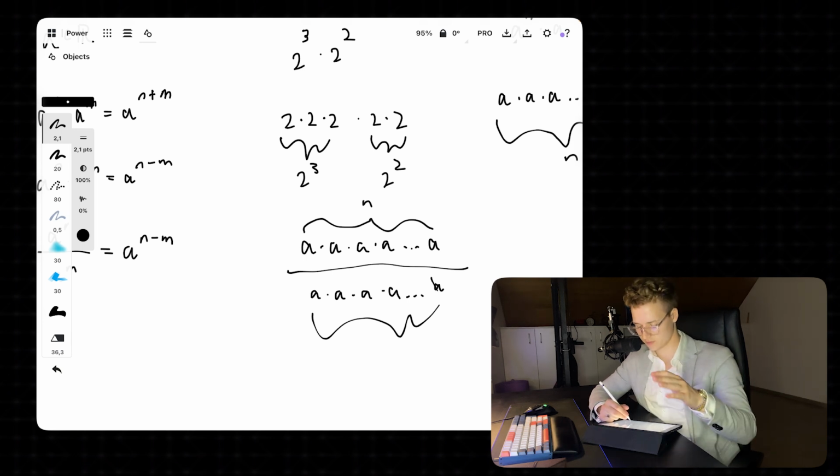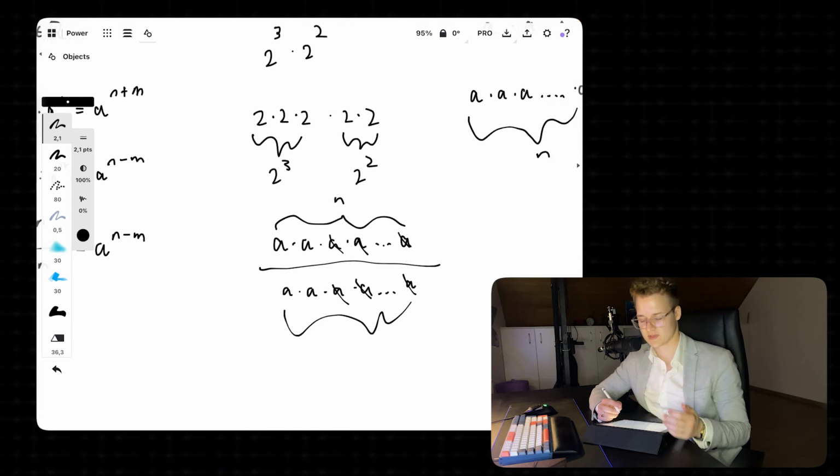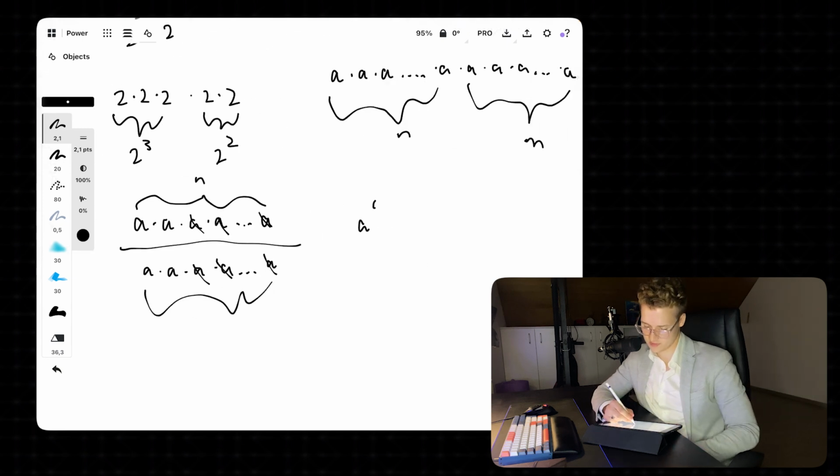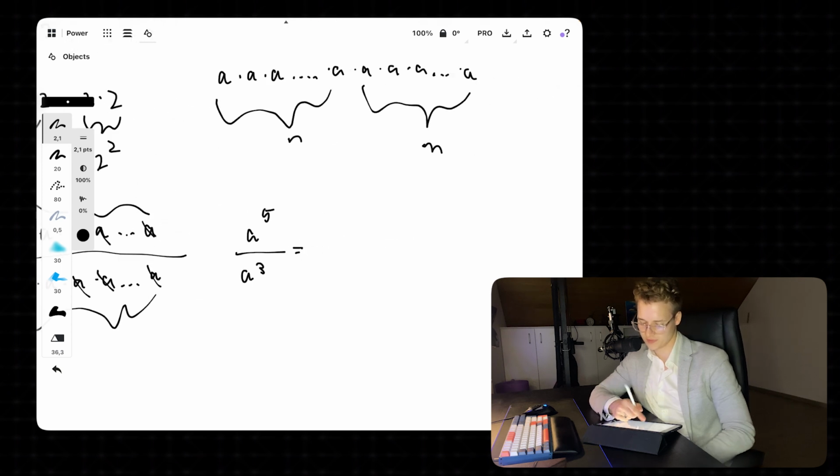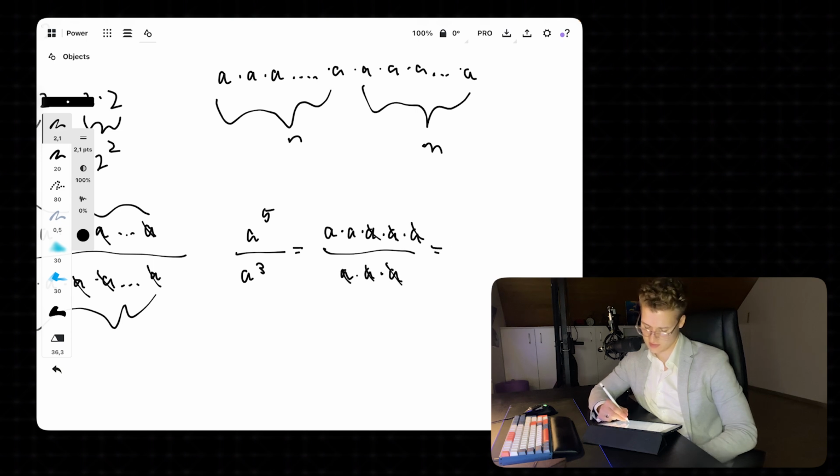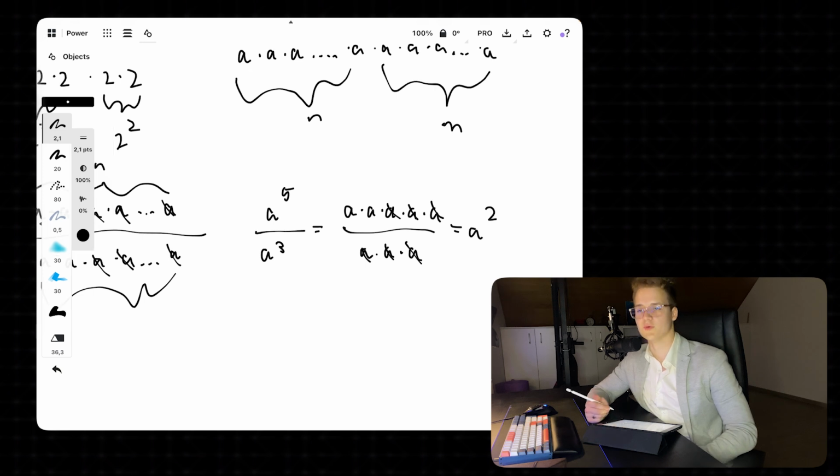So what remains if you have, for example, a to the power of 5 divided by a to the power of 3? Well, you're going to have a times a times a here, and a times a times a, and they're just going to reduce. And we have a to the power of 2.